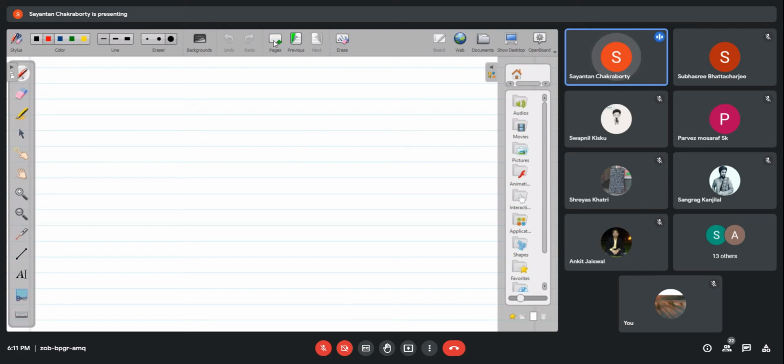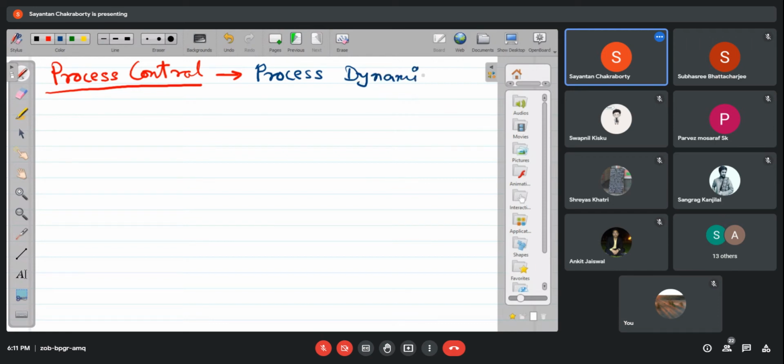Right. Now a process control consists of two fundamental components of study. What are these two components? Number one, process dynamics. This is nothing but modeling of the process, where you study the dynamics of a process, you model the process through integral differential equations or any other form that you find suitable.